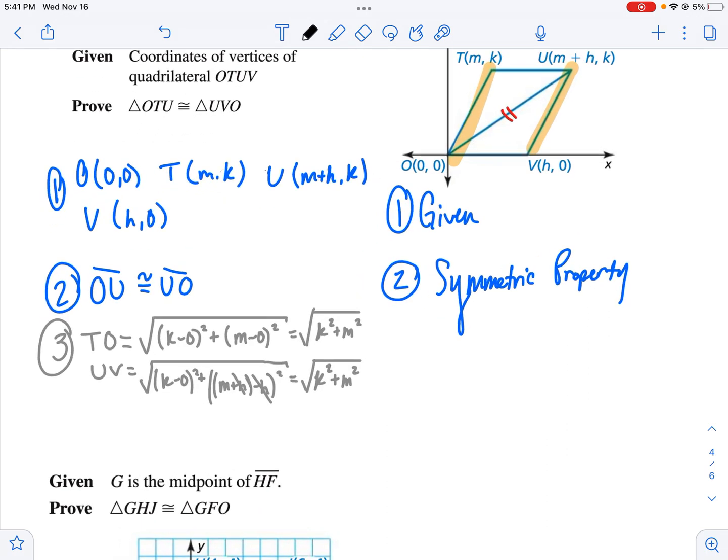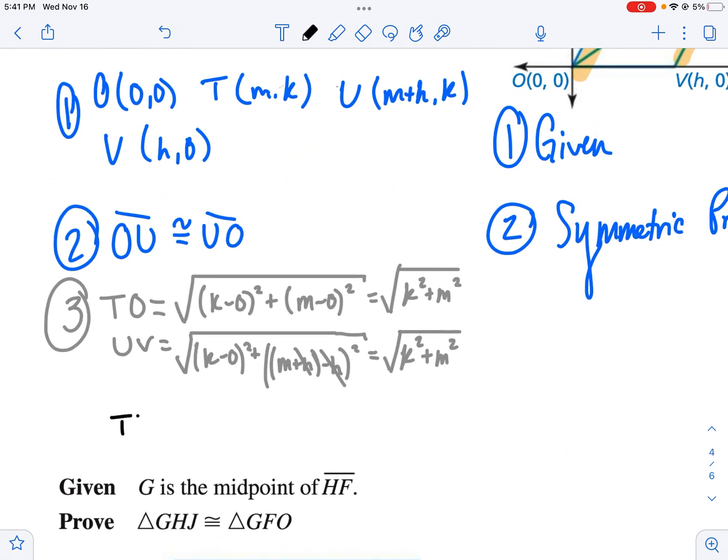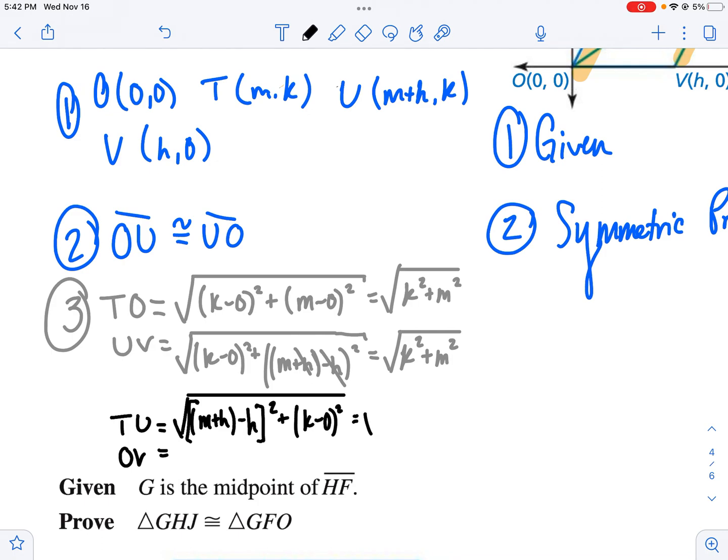Now I need to prove that TU and OV are equal. So TU would be m plus h minus h squared plus k minus 0 squared.